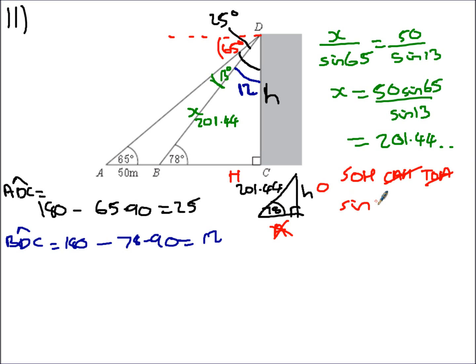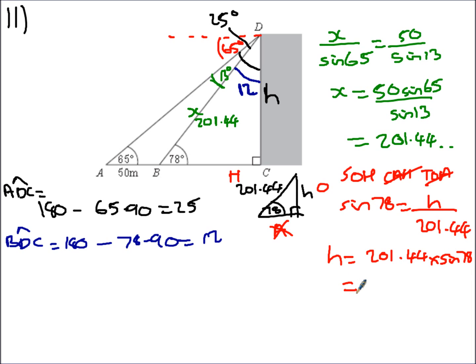So it's sine of the angle, which is 78, equals the opposite, which is H, over what we've just worked out. So H then is 201.44 times sine of 78, which gives the answer as 197 metres.